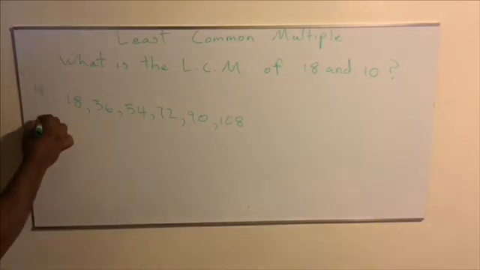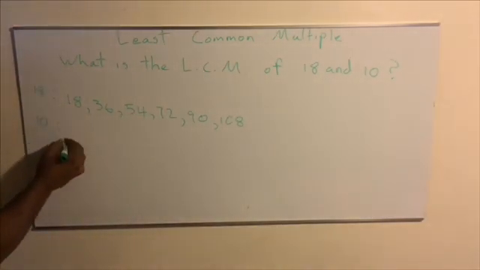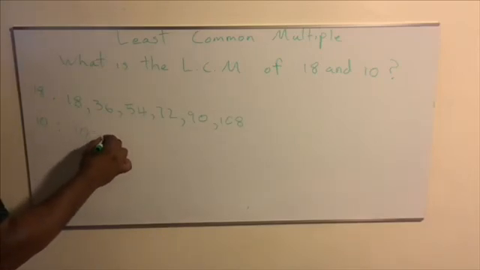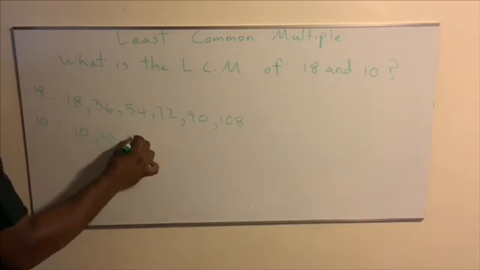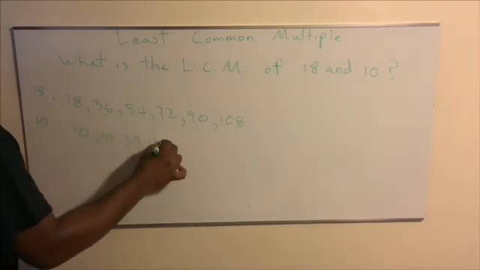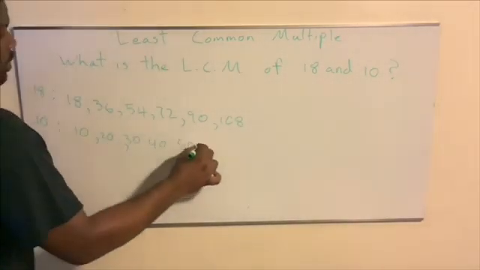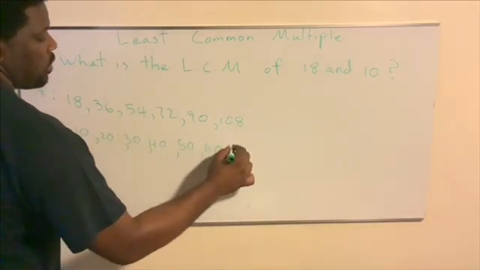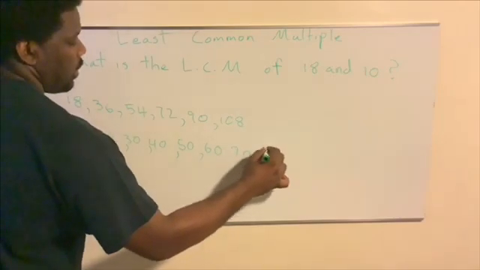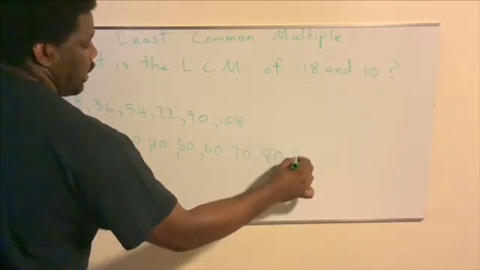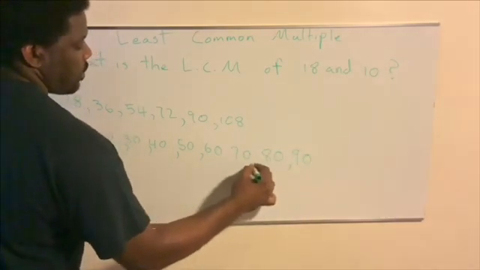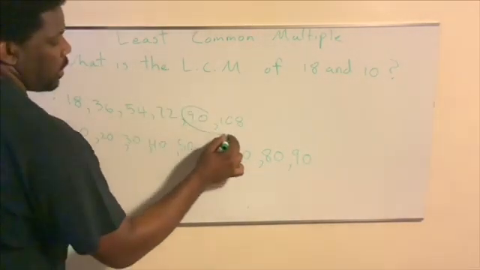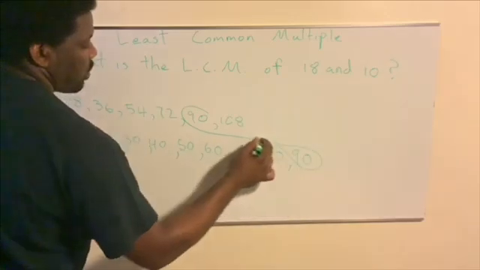Let's list some multiples of 10. We have 10, 20, 30, 40, 50, 60, 70, 80, 90. Now I realize I can stop because we have a common multiple.